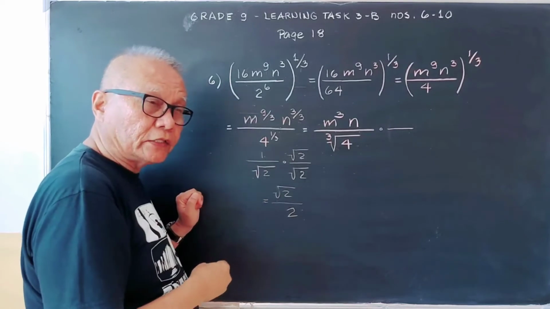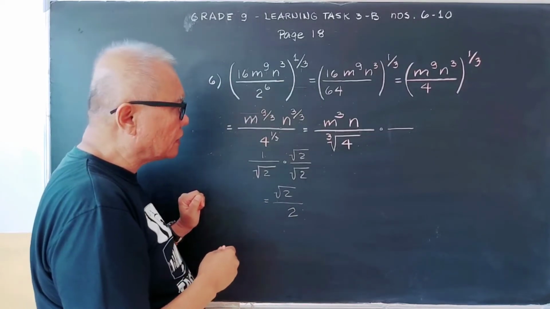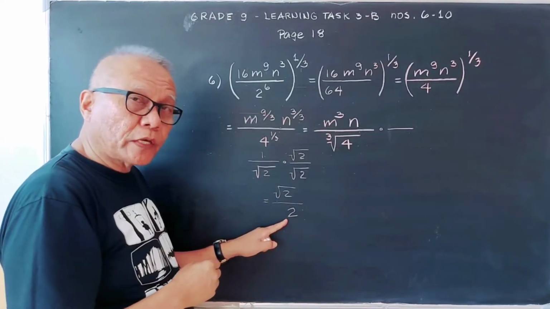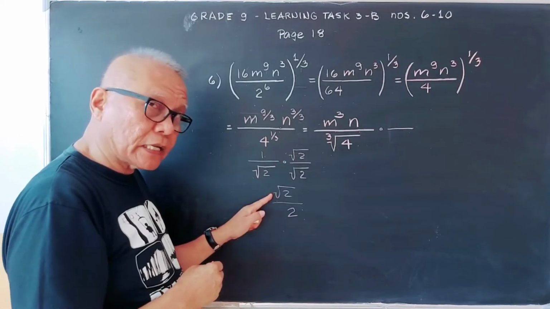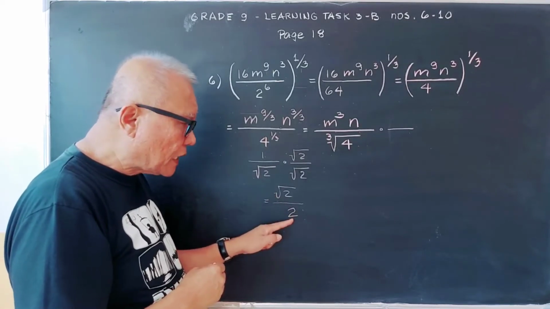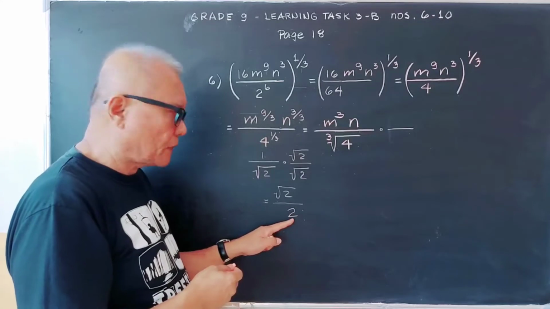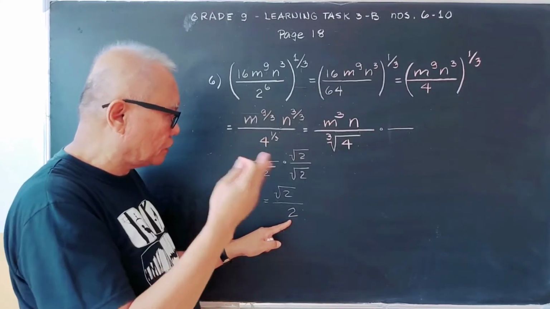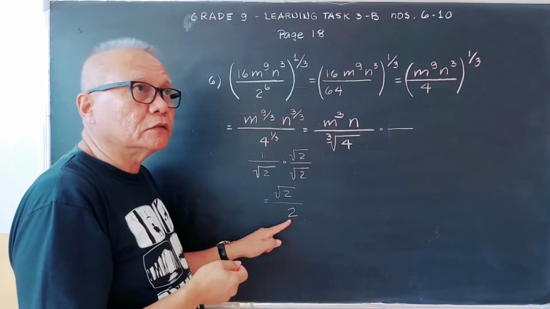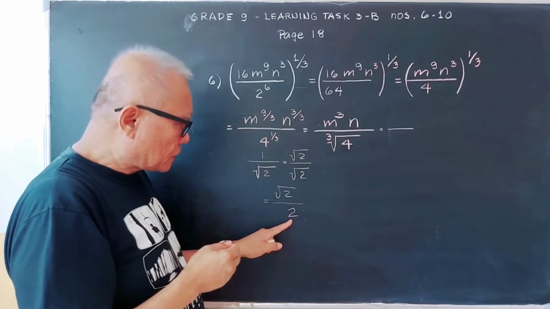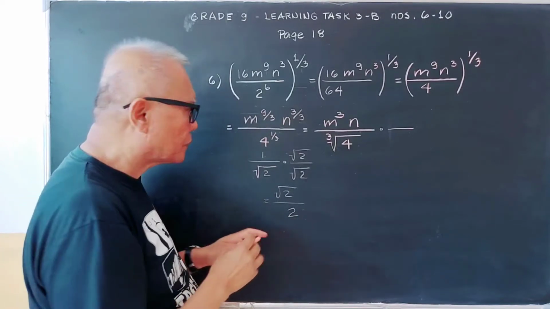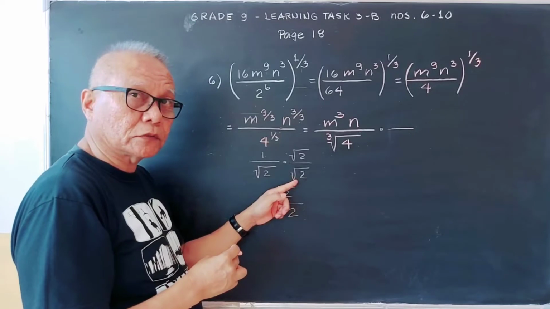Kita niyo na. Yan ibig sabihin ng rationalizing the denominator. Wala nang square root sa ibaba, nasa itaas na. Ang mahalaga, walang square root sa ibaba. At yun ang magiging next topic ninyo. Next week, o the week after next week. Okay. Madali pag square root.